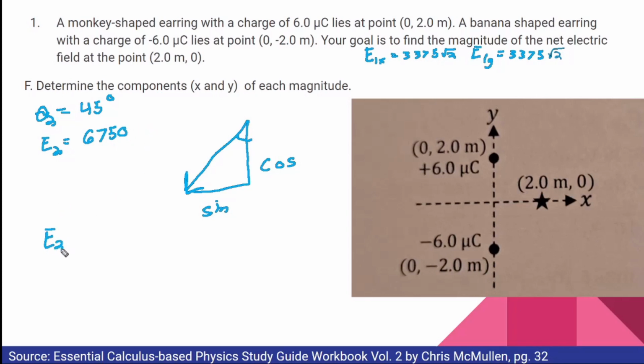Now, the equations are similar, where we multiply the magnitude by the sine or cosine of the angle, which yields a similar expression to our first vector.